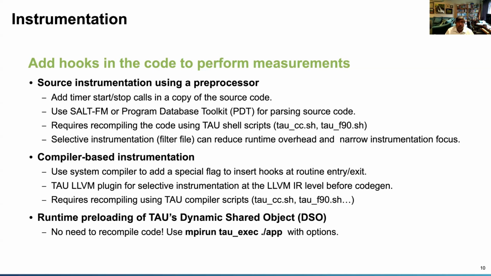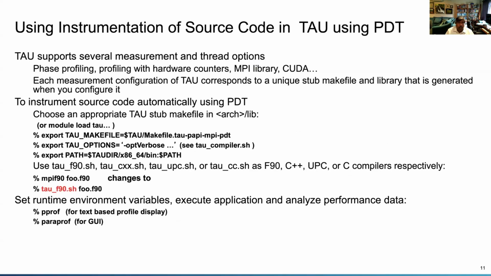You can take an unmodified binary and simply launch it with tau_exec. Now you can configure TAU with many options, such as with MPI, with CUDA, and each of these configurations creates a unique stub makefile, which encodes in it the paths to the CUDA library, the path to the compiler or MPI. And then if you were using source instrumentation or compiler-based instrumentation, you can set a TAU makefile as an environment variable to point to that configuration.